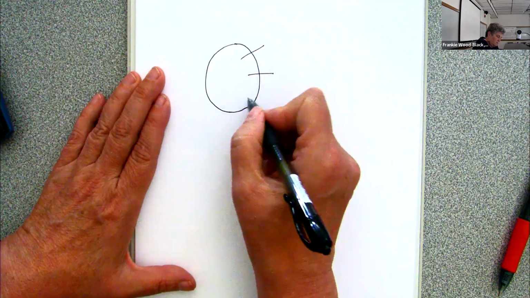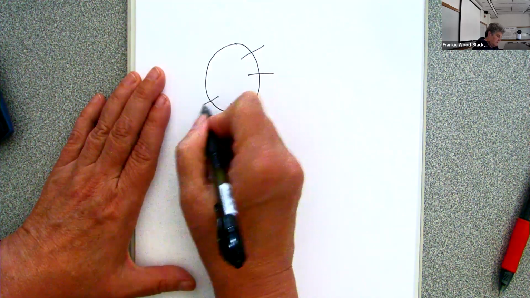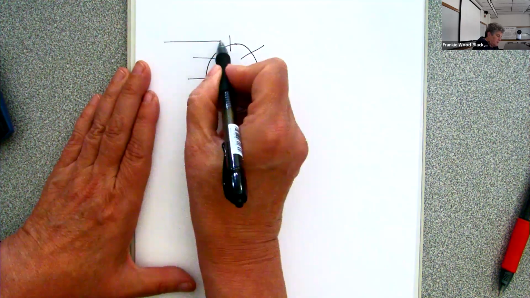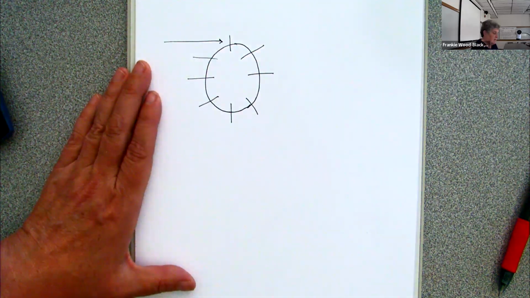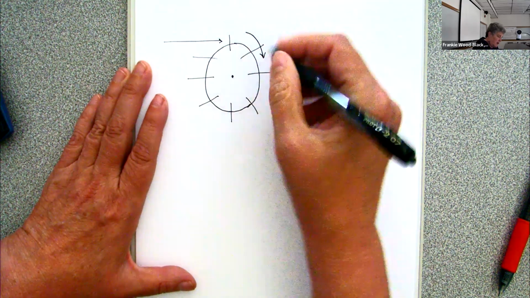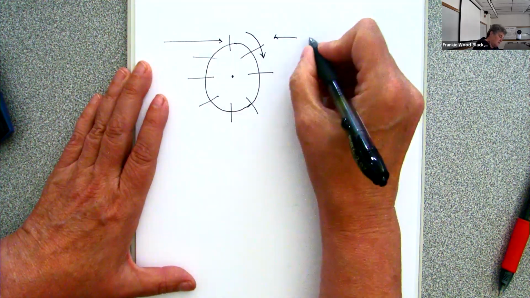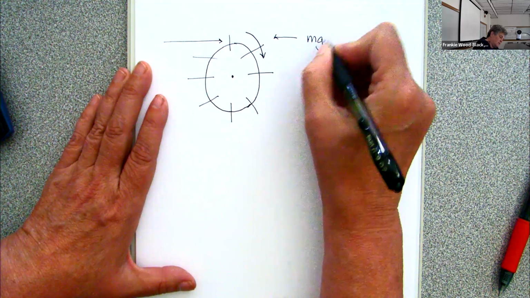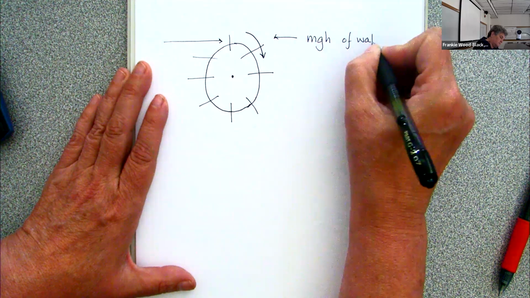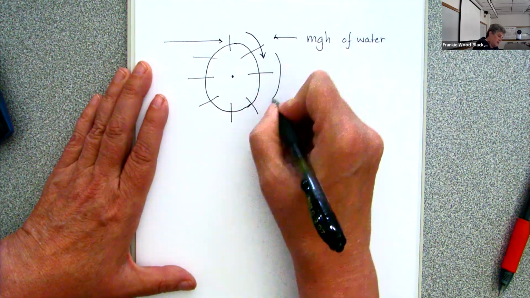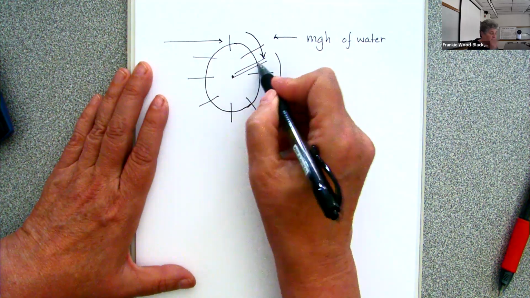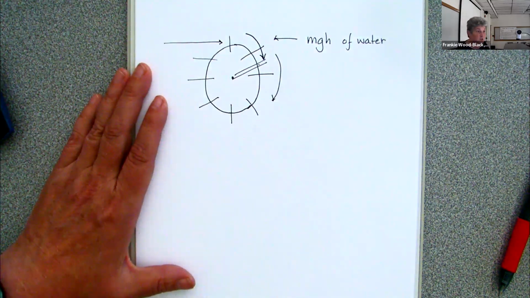Water comes flowing into the stream, causes my wheel to turn. I'm using the potential energy of the water to rotate my wheel, which is in turn turning a shaft, which is allowing me to do physical work.